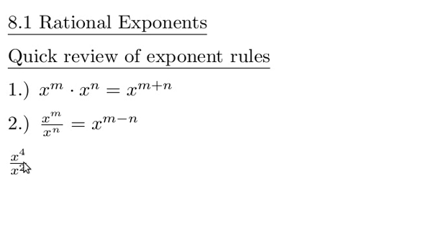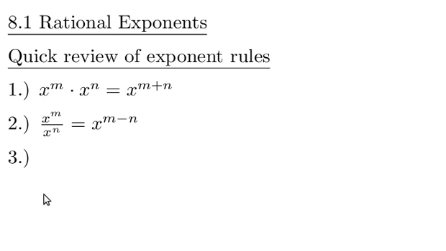So this x to the second can be cancelled and become x squared, and this x squared will disappear. So this entire thing is equal to x to the 4 minus 2, which is equal to x to the 2. Okay, so that concludes rule 2.